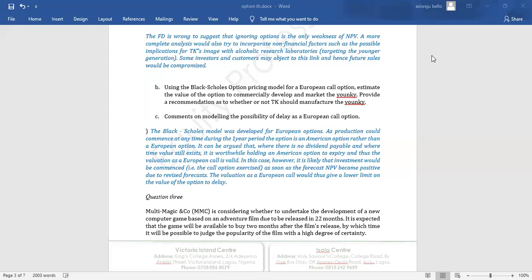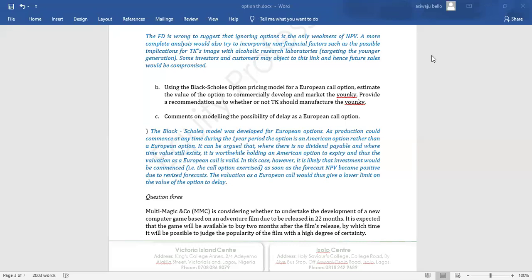You can use the payback period to appraise the financial viability of a capital project. You can use the net present value method to appraise the viability of a project. You can use the internal rate of return or the modified internal rate of return.